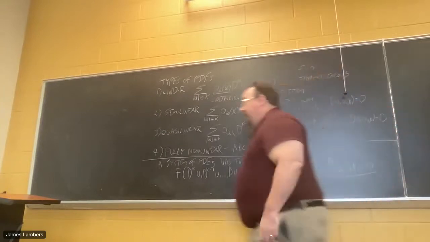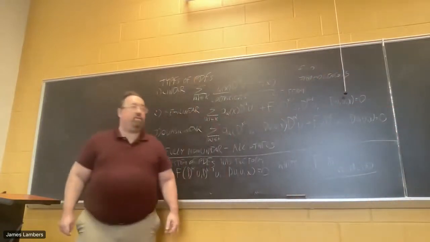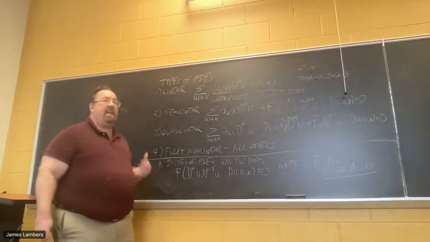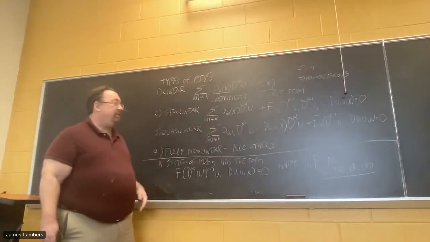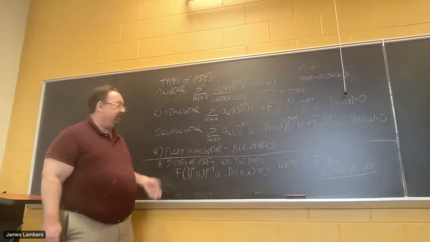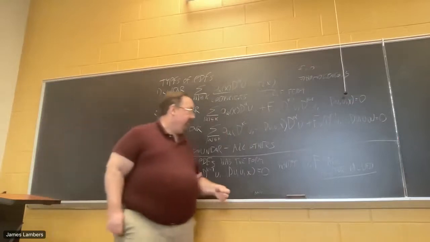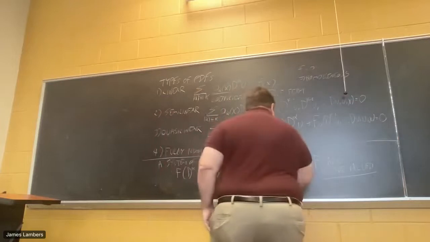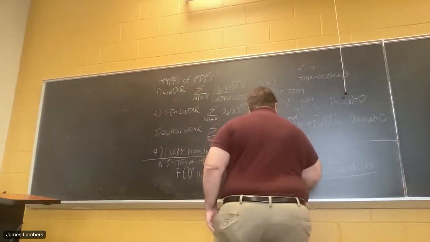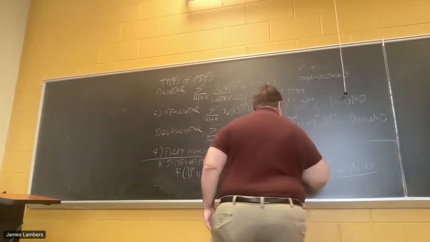Okay. So u is a function that takes in n independent variables as inputs, but produces m dependent variables as outputs. So u goes from R^n to R^m.